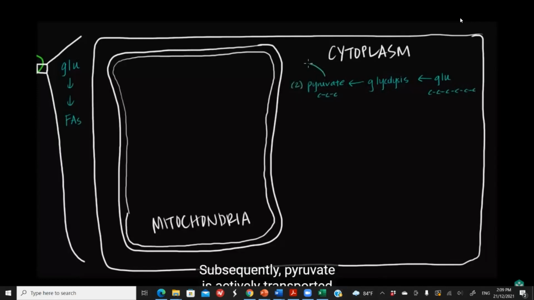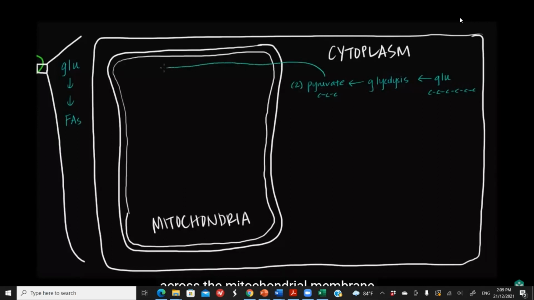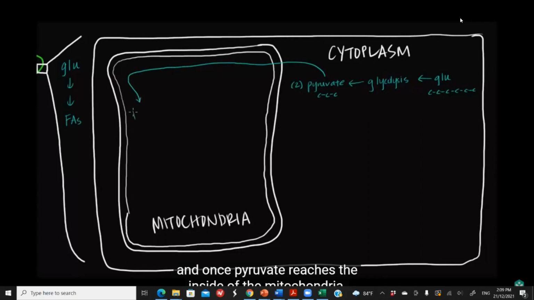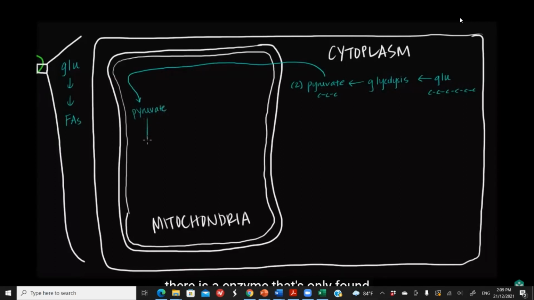Subsequently, pyruvate is actively transported across the mitochondrial membrane by specialized carrier proteins located on the membrane, and once pyruvate reaches the inside of the mitochondria, also known as the inner mitochondrial matrix, there is an enzyme that's only found in the mitochondria called pyruvate dehydrogenase, often abbreviated as PDH, which oxidizes and removes 1 carbon from pyruvate. So remember, we had 3 carbons, and now it turns into a 2-carbon molecule called acetyl CoA.